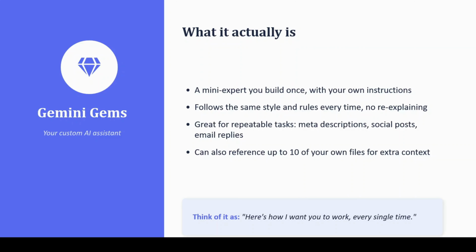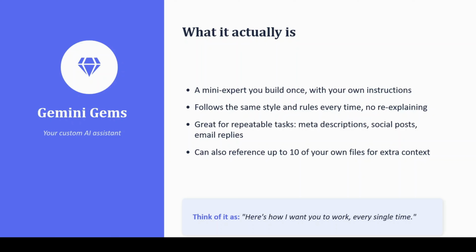Gemini Gems lets you create your own custom AI assistant inside Gemini. So think of it like building a mini expert that follows your instructions every single time without you repeating yourself.